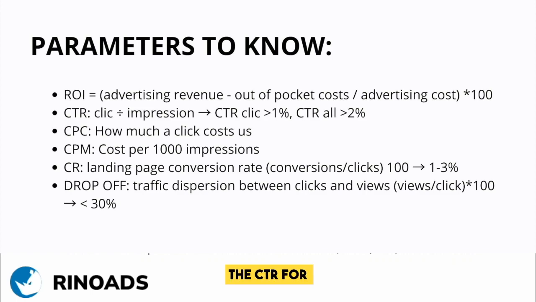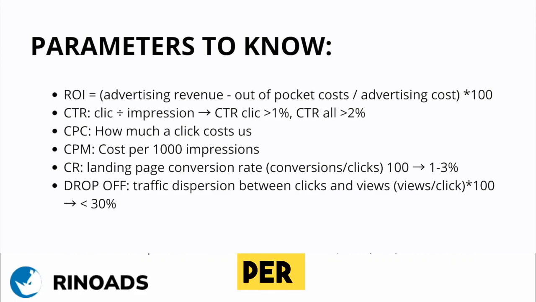You'll have the CTR for the click, so how many times people click on the link to view the landing page, and the CTR total, so the total clicks on the ad to perhaps read the text or something. Generally, if I had to give you a generic metric, the CTR on the link should be at least 1% or more, the CTR at least 2% or more. We'll look at a specific example next.